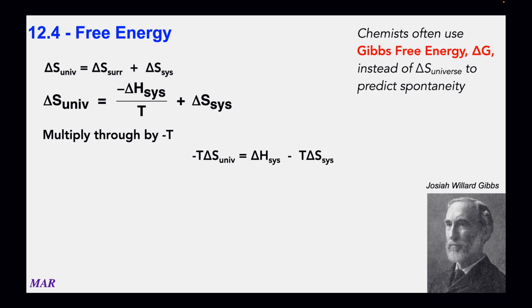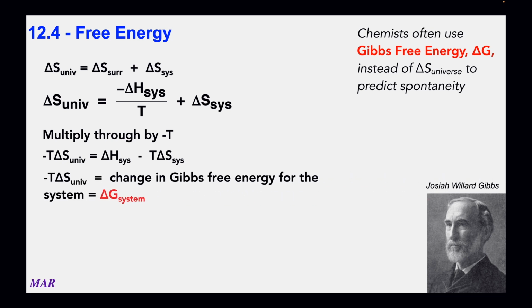He basically multiplied everything through by negative T. So then he had negative T times delta S of the universe equals delta H of system minus T delta S of the system. And basically then he, in the long run, created a new type of thermodynamic quantity, which is now called Gibbs free energy, delta G, and delta G equals minus T times delta S of the universe.